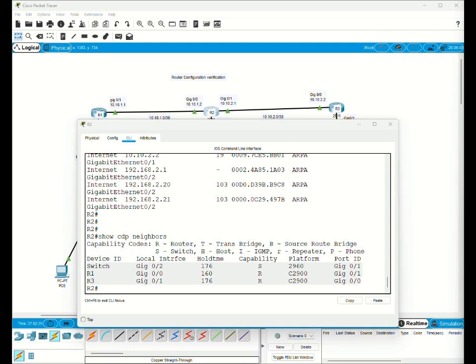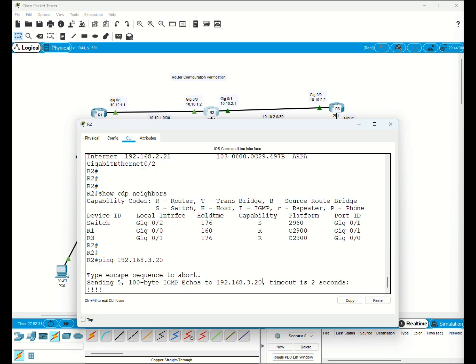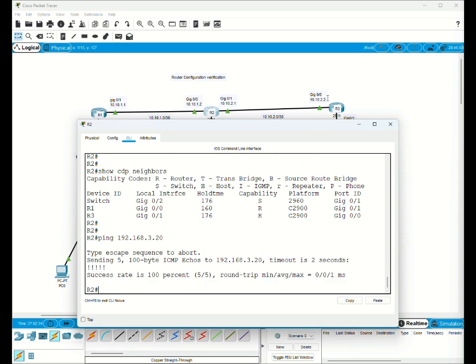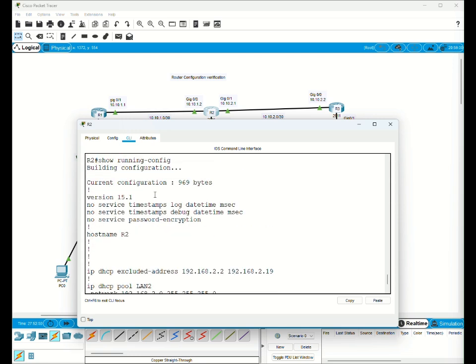And then we can ping. Let me just ping, yep, I will ping this network on router 3. Good. More information on the router when you want to check the running config. So this is the running configuration of this router.